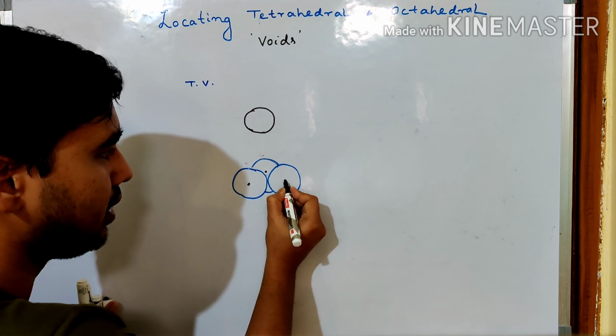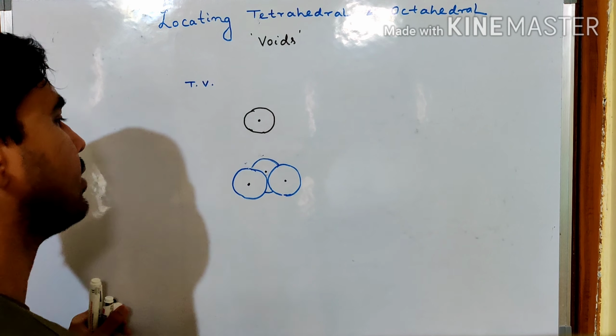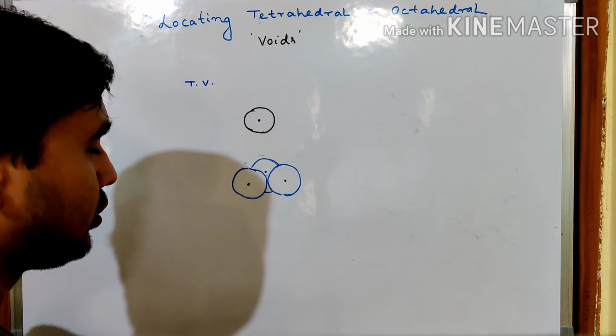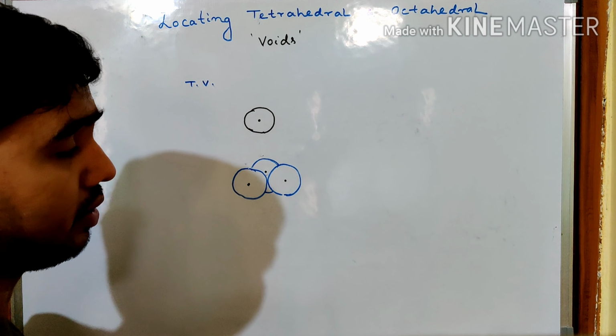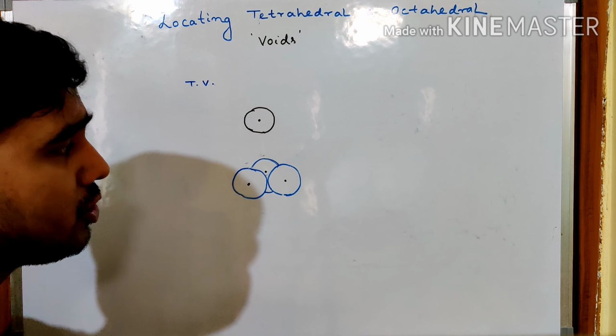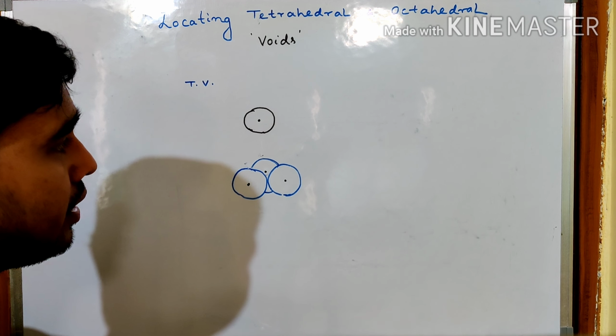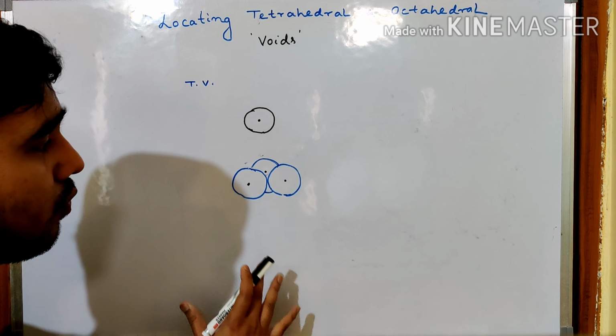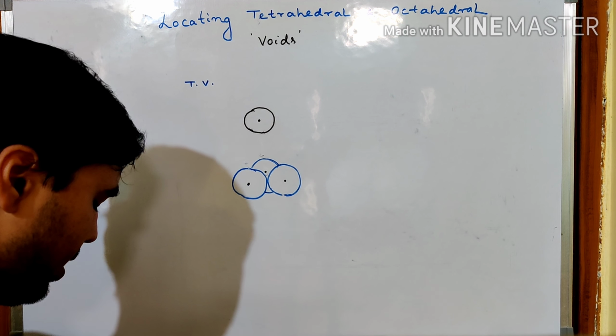Now these are the centers, as I have said, and this is the center. So when these are kept together, when there is a minimum space between them, then also there will be a vacant space, a void will be generated. Let us see what kind of void.